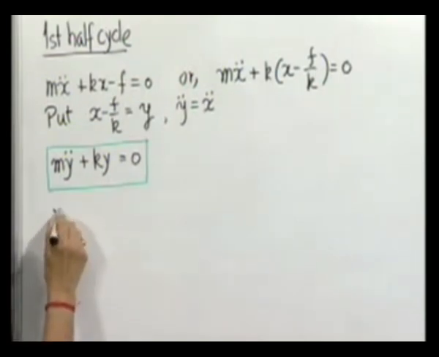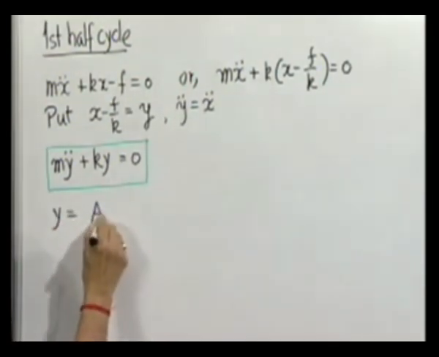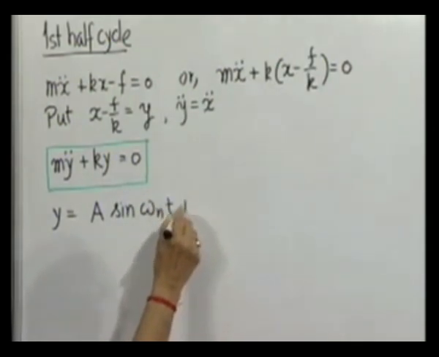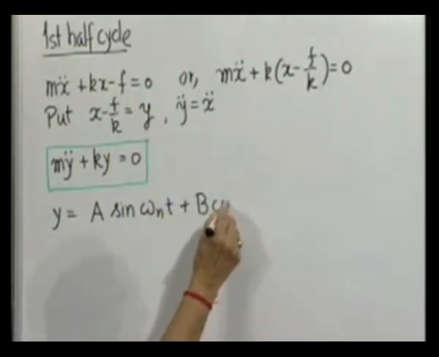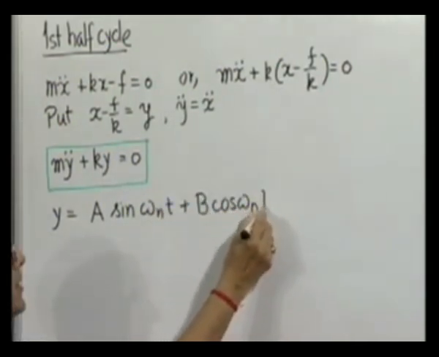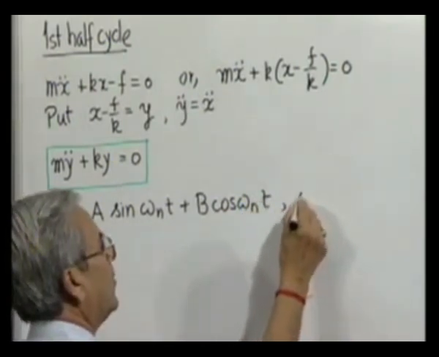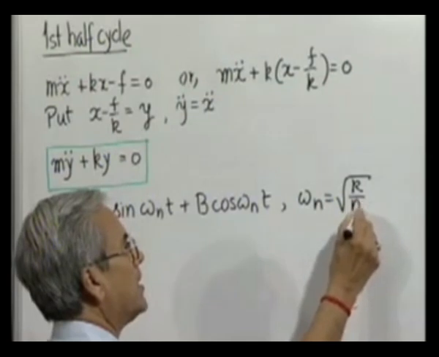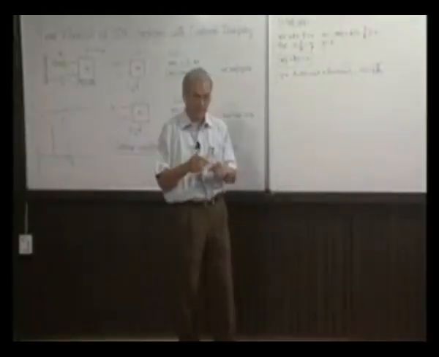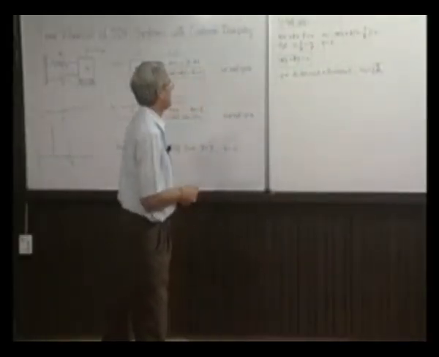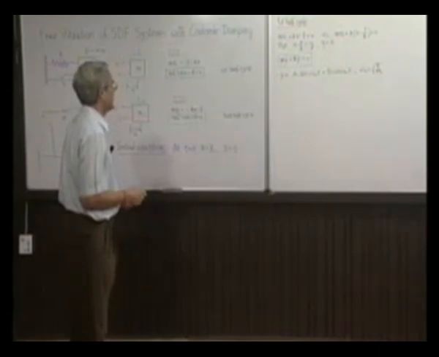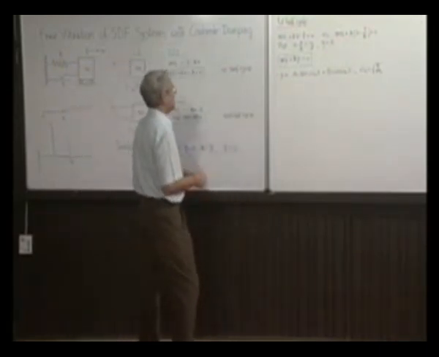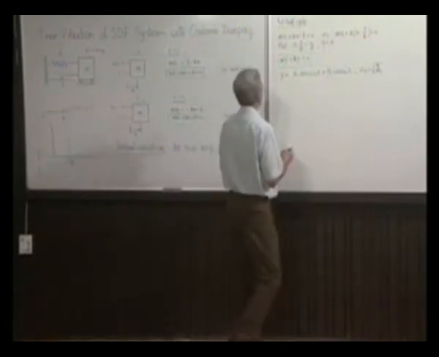We know that the general solution for y will be A sine omega n t plus B cosine omega n t, where omega n is again the natural frequency of the system without any damping.